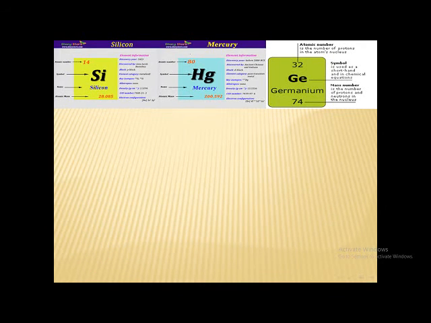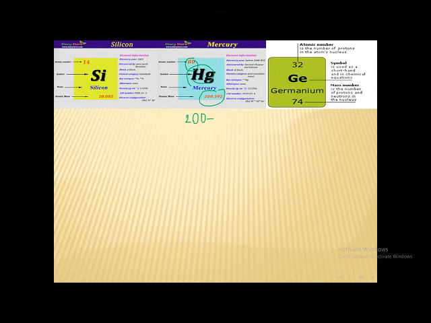So let's go back to Ag, Mercury. The largest number and the smallest number are very large. We say that 200 is the mass number.